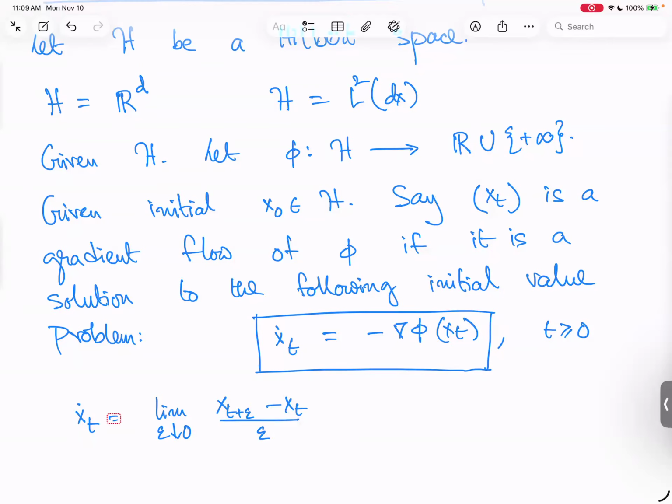Because I'm working on a Hilbert space, the numerator, which is x of t plus epsilon minus x of t, is well defined because Hilbert spaces are linear. And dividing by epsilon is well defined. When I take this limit as epsilon goes to 0, what do I mean here? It is a limit in the Hilbert space norm, which means that the convergence is intrinsic to the Hilbert space.